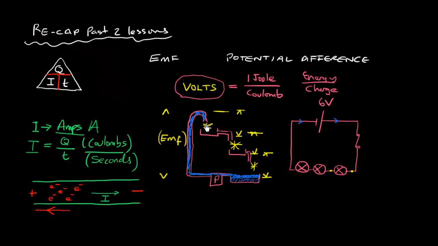And in this analogy, the light bulb is represented by this little windmill, or this little turbine. It's not a windmill, it's a water mill, and as the water falls, it will make the turbine turn. You can use that turning effect in a generator to generate useful energy for you.